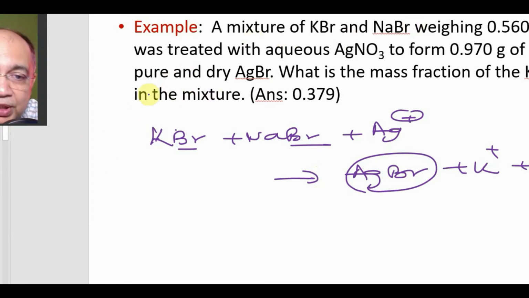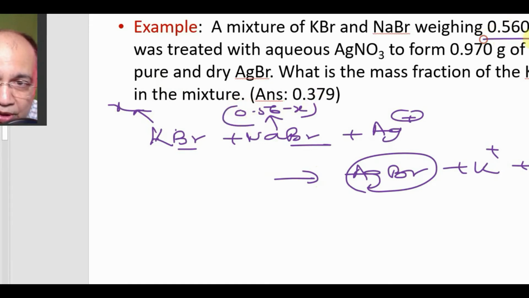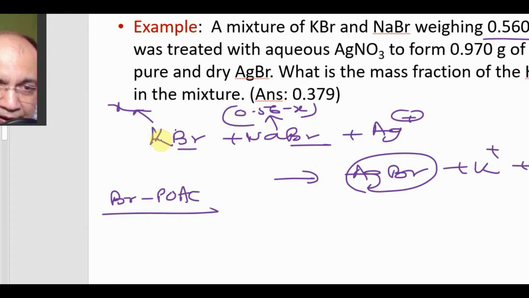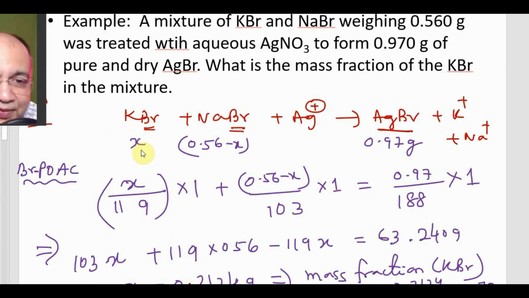Supposing this amount is x and this amount is 0.56 minus x, because the total is 0.56, and supposing we do bromine POAC, then the number of moles of KBr will be x by its molecular mass. I have done it to save time.